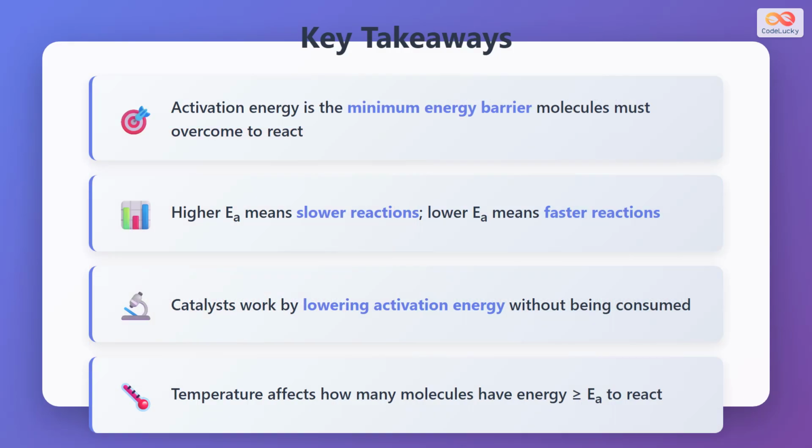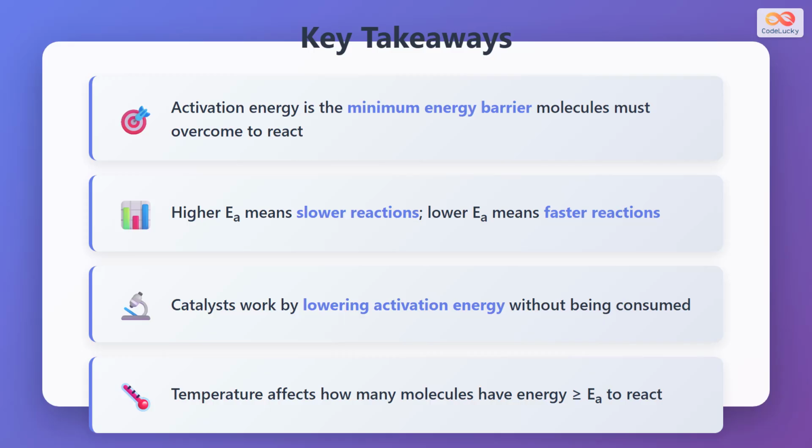Let us summarize the essential points about activation energy. First, activation energy is the minimum energy barrier that molecules must overcome to react and form products. Second, the relationship between activation energy and reaction rate is inverse. Higher E sub A results in slower reactions, while lower E sub A leads to faster reactions.